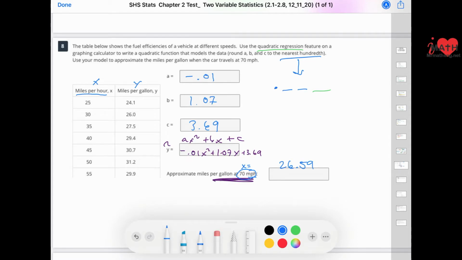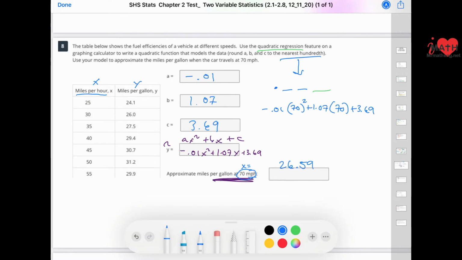And question number 8. Ooh. That number is off. Okay, let's see if we can do better by putting it in here. 70 squared plus 1.07 times 70 plus 3.69.